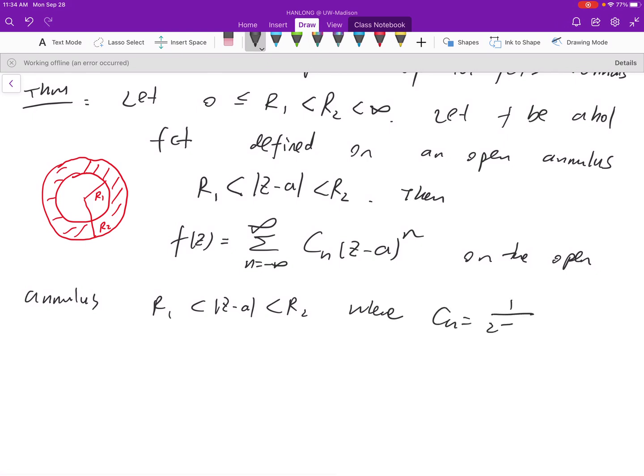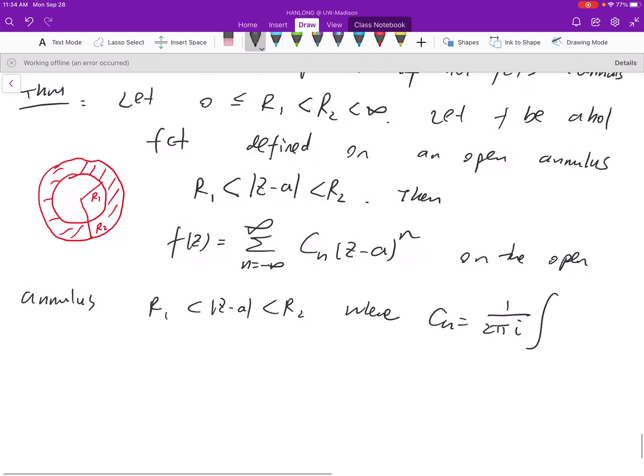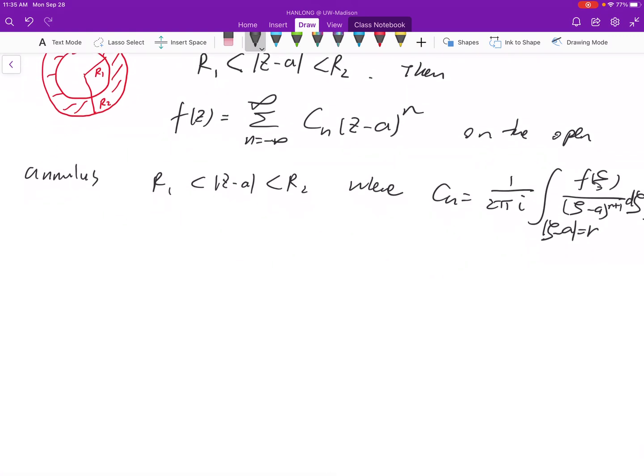where c_n is 1 over 2 pi i times the integral over |zeta minus a| equals r of f(zeta) over (zeta minus a) to the n plus 1, d zeta, here for n in Z. So the formula for c_n holds for any integer n and any real number r between R1 and R2.